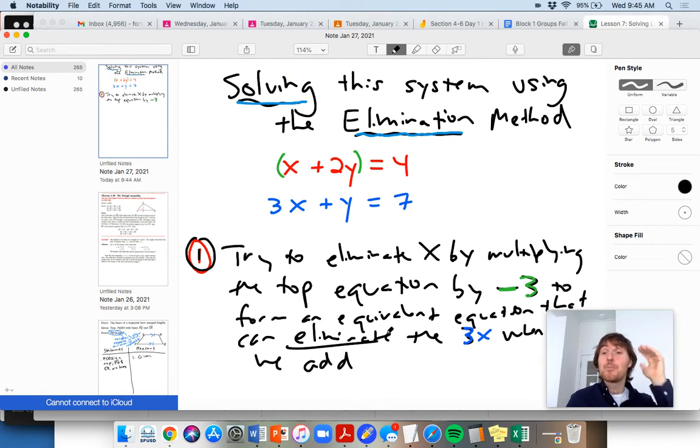So elimination has to do with multiplying one of your equations, both sides, and then adding the two equations together. The goal is to eliminate one of the variables when we add both equations together.